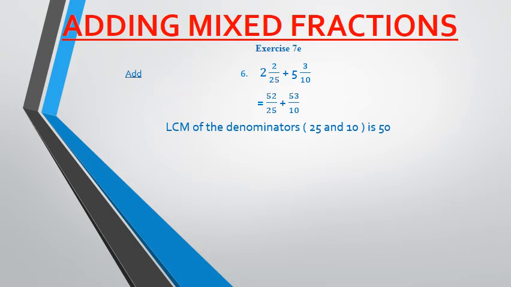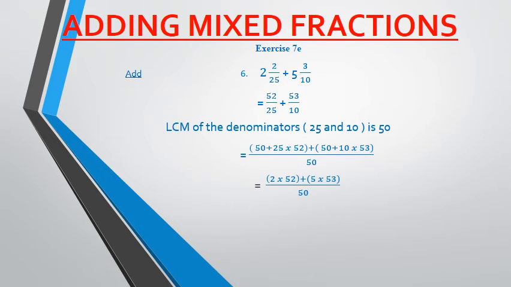So now the sum of these two fractions is equal to 50 divided by 25 multiplied by 52 plus 50 divided by 10 multiplied by 53 upon 50. And when we solve this, what do we get?